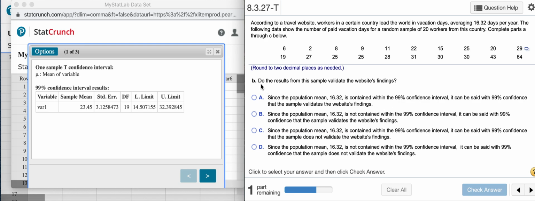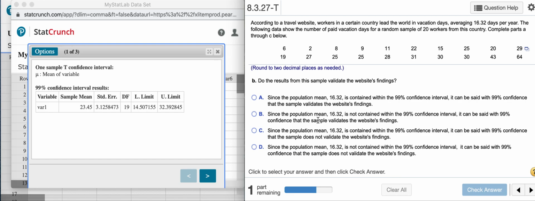And so in part B, they asked this question: do the results from the sample validate the website's findings? So the website claimed that they averaged 16.32 days per year. And so here are our choices. A: Since the population mean, 16.32, is contained within the 99% confidence interval, it can be said with 99% confidence that the sample validates the website's findings.